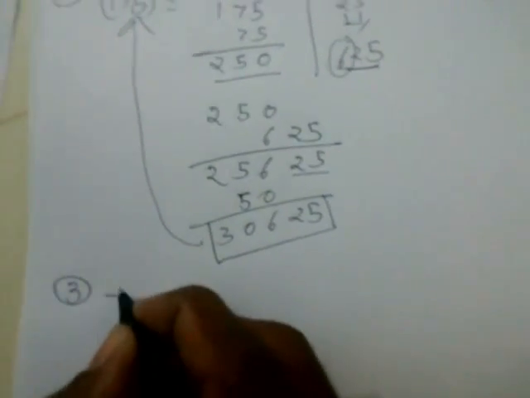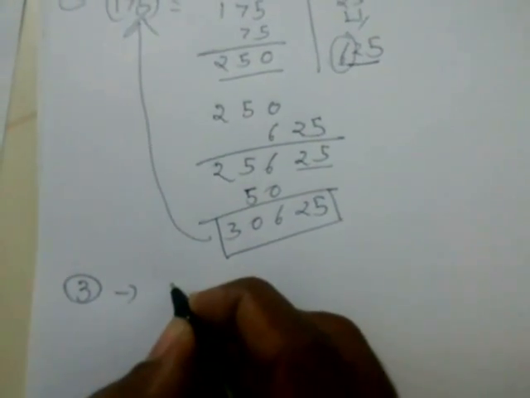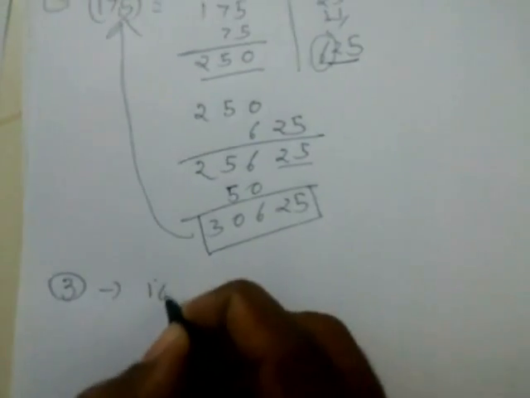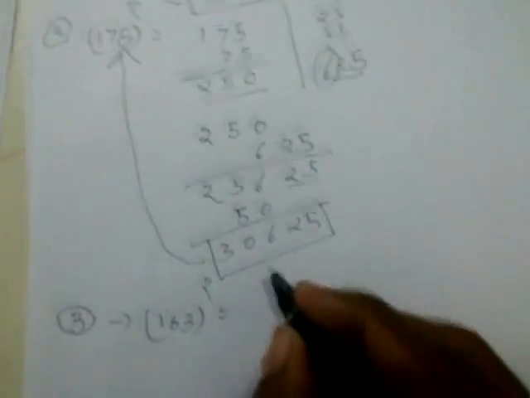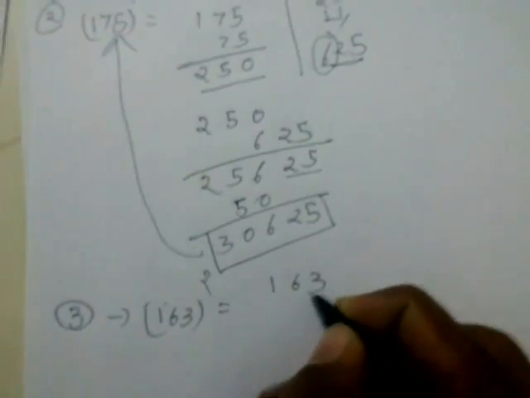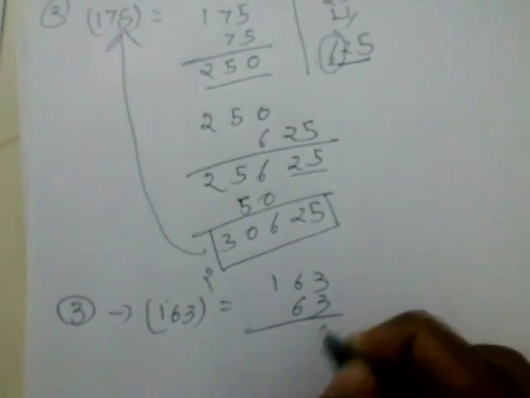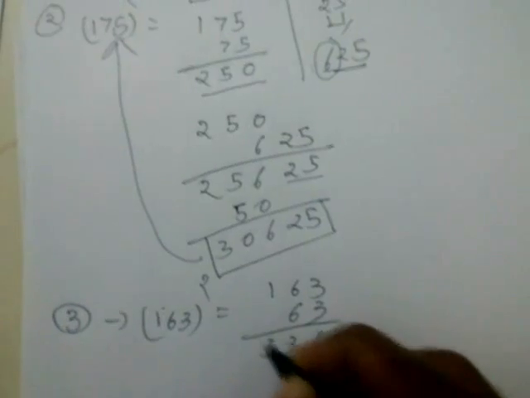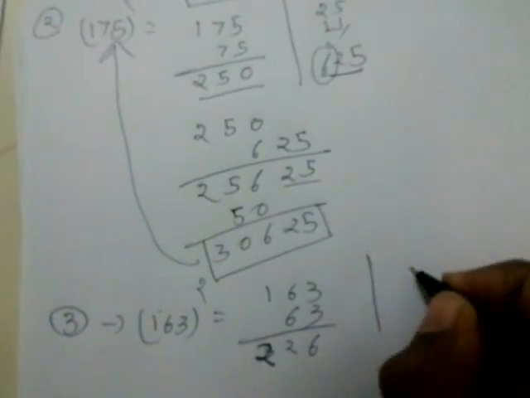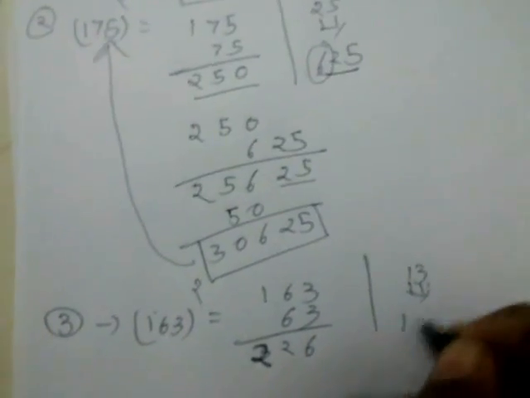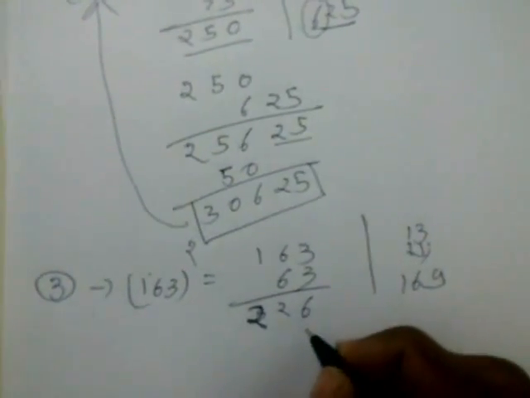The last and final example, we will quickly calculate 163's square by using the method. So 163, 63, 226. Square of 13 is 169.